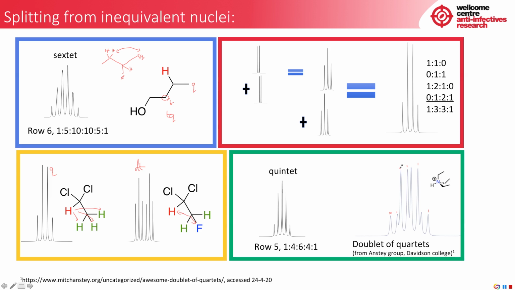Okay, and what I want you to do is, easy enough in your head, just imagine that you move all of these one place over. I think it's quite easy to convince yourself that what in fact you would see is a quintet with the correct intensity distribution.